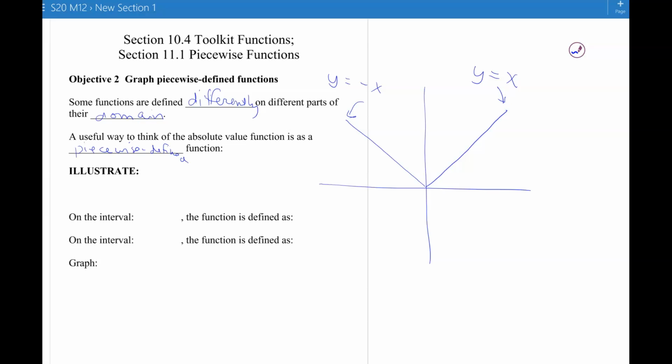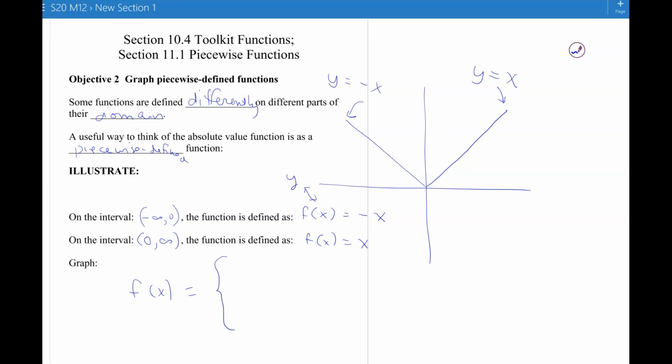On the interval from negative infinity to 0, the function is defined as f of x equals the opposite of x. Remember, f of x and y are interchangeable. And on the interval from 0 to infinity, the function is defined as f of x equals x. I drew the graph already, so let me write how we write a piecewise defined function.